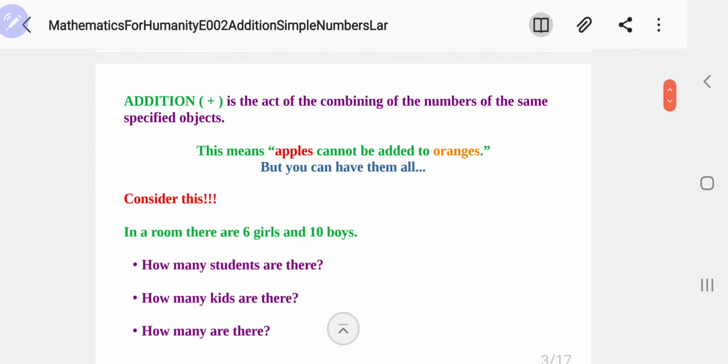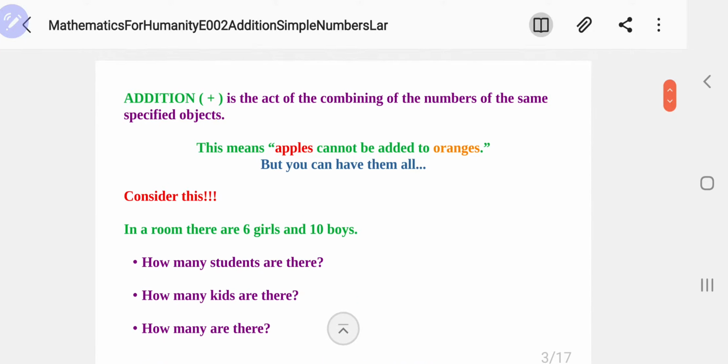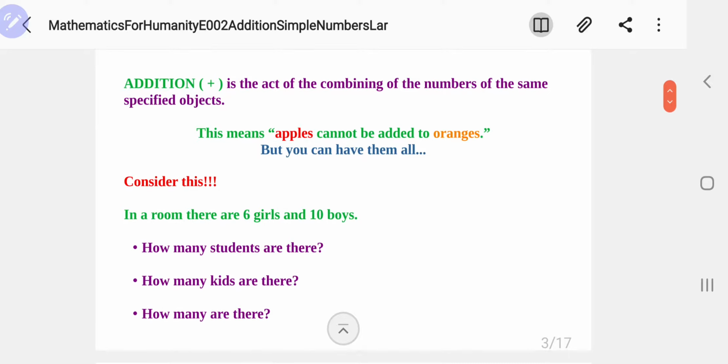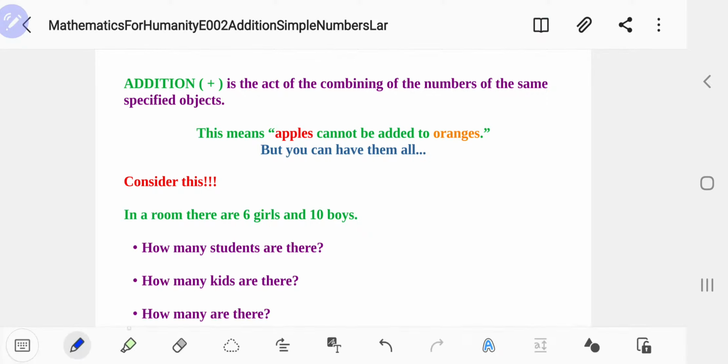So what is addition? Addition is symbolized by this one, a plus. If you see that, that is addition.